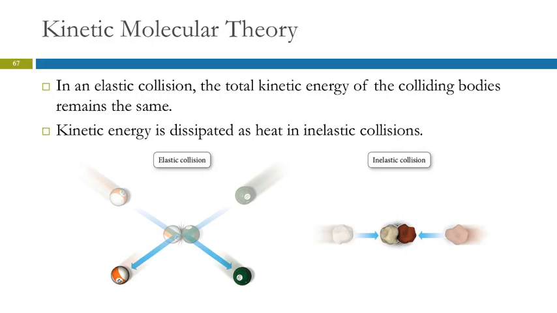Probably the closest thing we can come is like a billiard ball. And even these are not perfect, but you roll two billiard balls at each other, and they have kinetic energy. When they hit, energy may be transferred, but the balls roll away with about as much kinetic energy as they came in with. Now, sometimes the one ball will almost stop, and then the other one will go off faster.